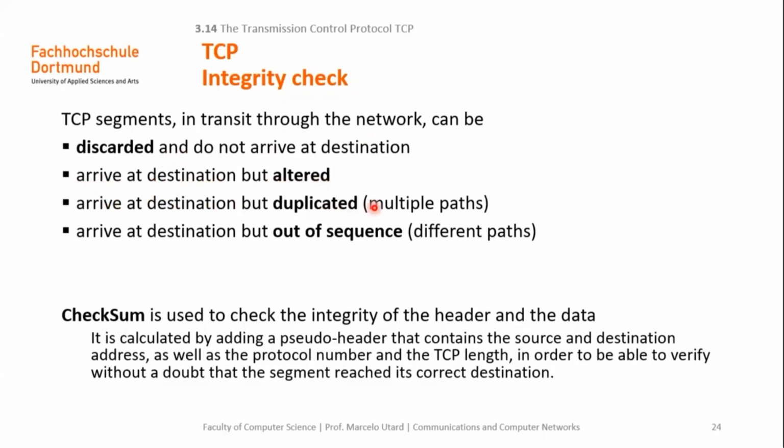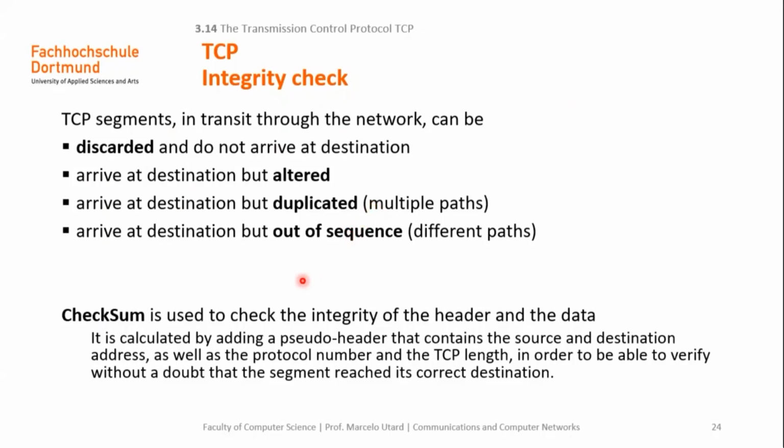They could arrive at the destination but out of sequence. For instance, if some segments are transmitted across one path and other segments across another path, and the different paths present different delays in order to be transmitted from one end to the other.